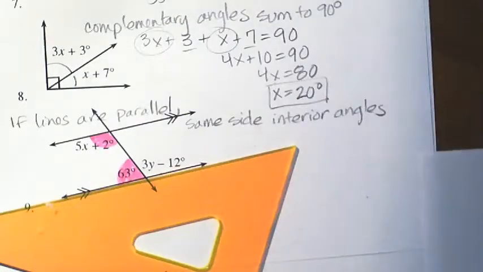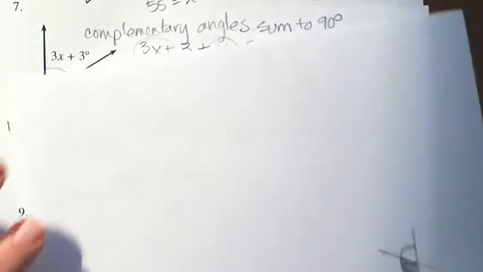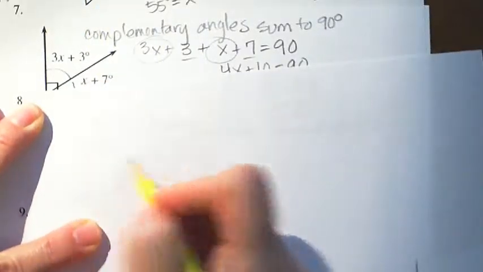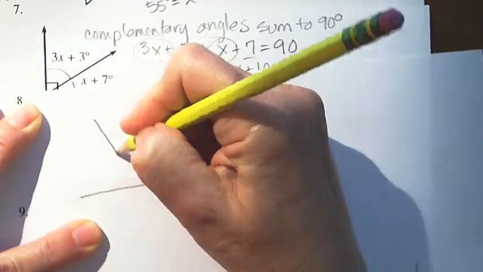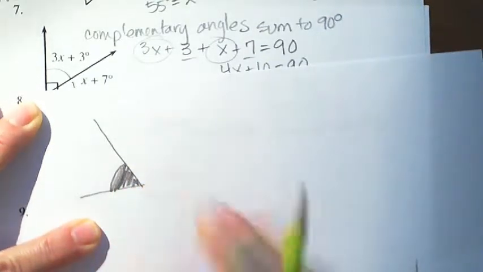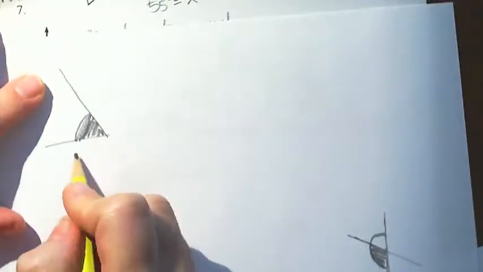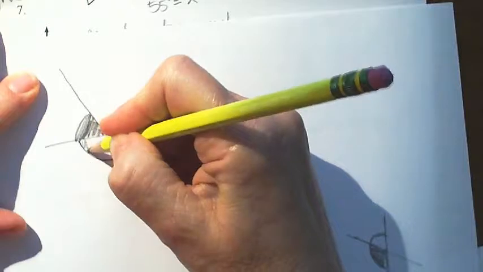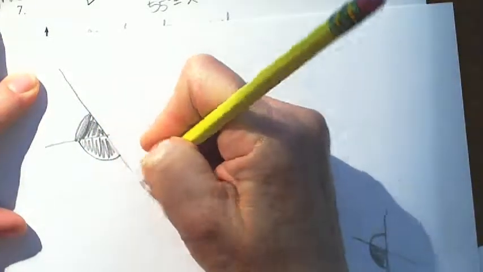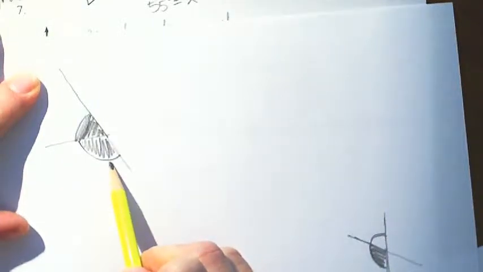If I were to do the tracing, I need to bring some tracing paper home. You could try this at home with just a sheet of paper because you'll be able to see it. If I trace the angle on the bottom, slide it up, and draw the one underneath just so you can see it, these angles are going to create half a circle, so that's a linear pair.